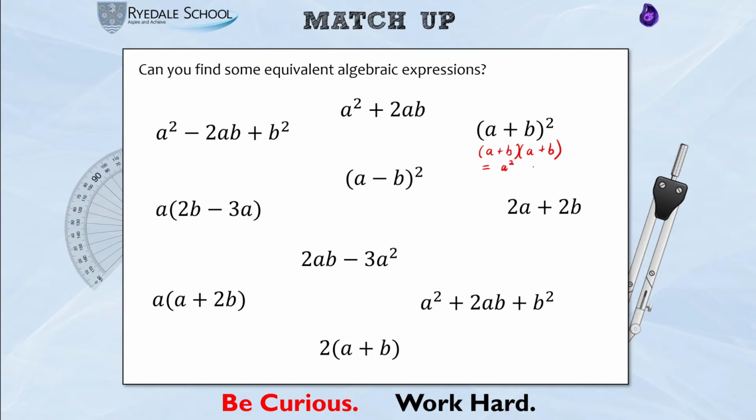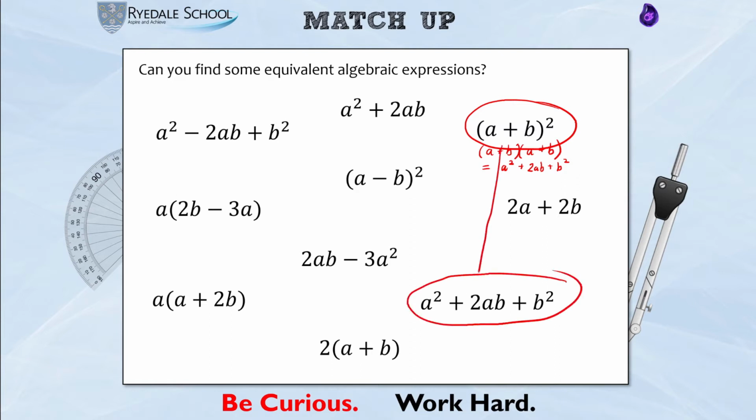You'll get an ab from the outers, you'll get an ab from the inners, so you'll end up with two abs, and you'll get a b squared. So that one there matches with this one here. Similarly, if you did the one with a negative, you'll find it's very similar, except you get negative 2abs. So that one matches with that one.